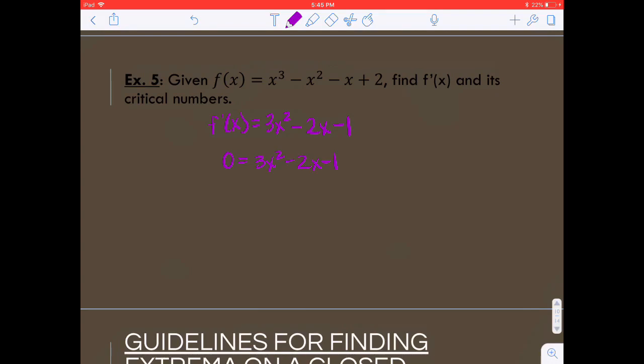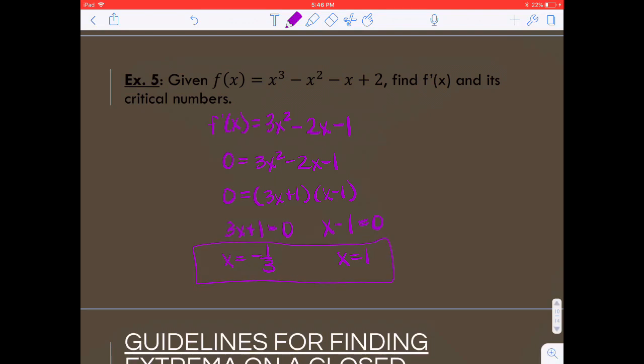So basically we're factoring this right now. We get 3x plus 1 times x minus 1 is equal to 0. You want to set them both equal to 0 and solve. So you should have x equals negative 1/3 and x equals positive 1. So this is where the critical numbers will be for this given function.